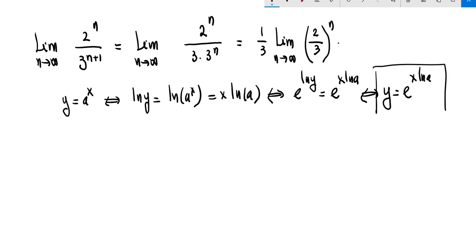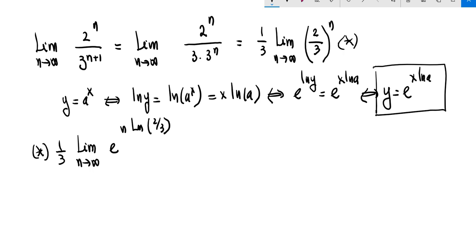This is a good formula to be aware of. So then, if I call this here star, we may rewrite star as 1/3 times the limit as n is approaching infinity of e^(n ln(2/3)).